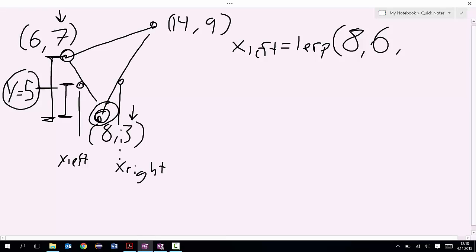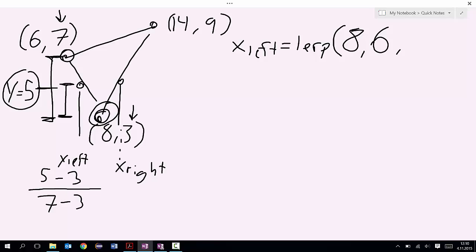So that parameter, you can just write it down here and say we have 5 minus 3 divided by 7 minus 3, which is 2 divided by 4, which is a half.